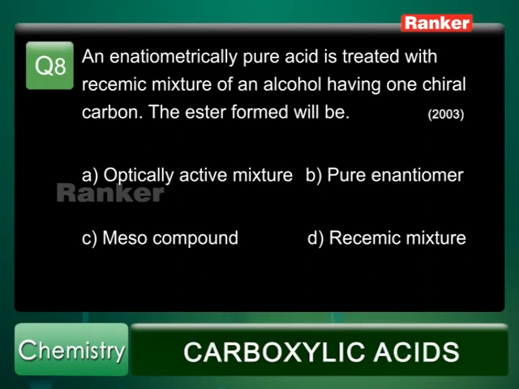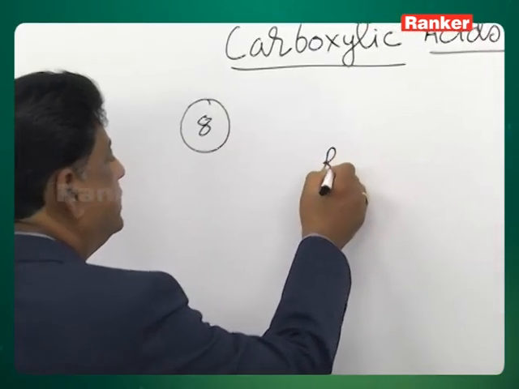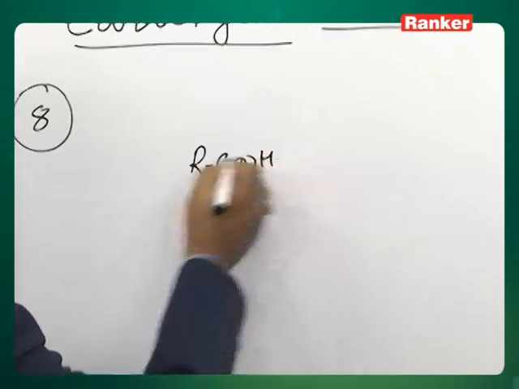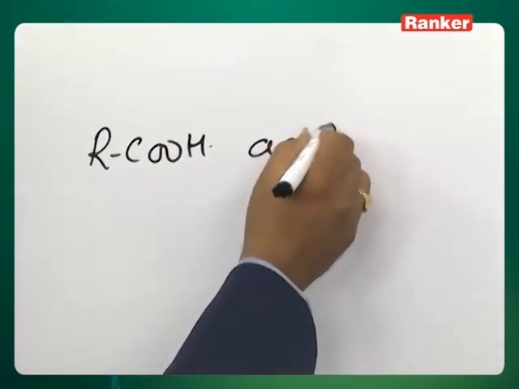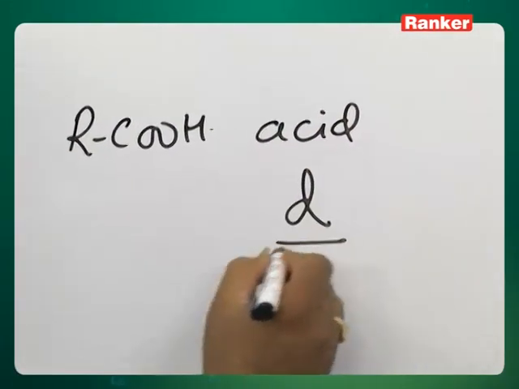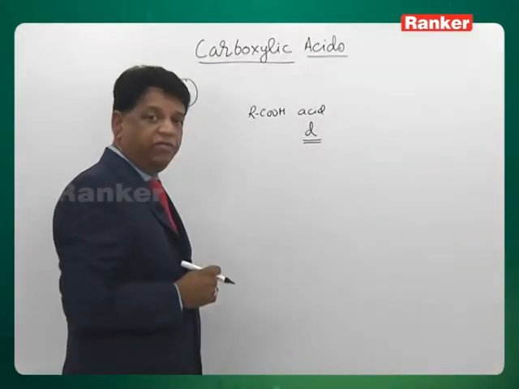An enantiomerically pure acid is treated with a racemic mixture of alcohol. D and L alcohols are treated, having one chiral carbon. The ester formed will be: the options given are A, optically active mixture; B, pure enantiomer; C, meso compound; D, racemic mixture. A carboxylic acid is taken; pure means let us designate it as a D acid we have taken.